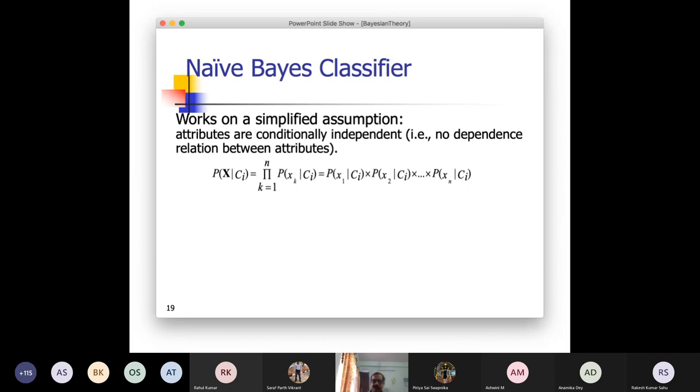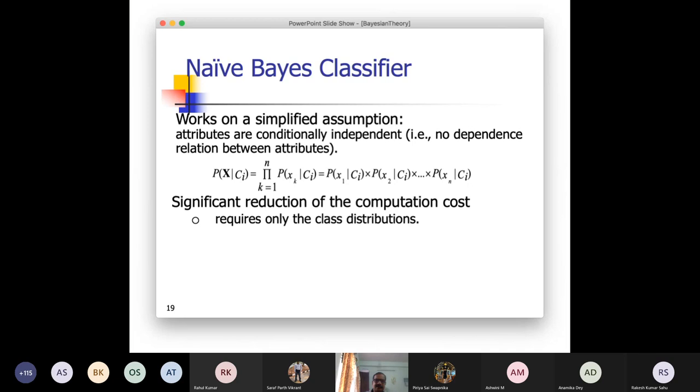You are simply observing the occurrence of that attribute within a class, and then you can estimate these probabilities for different values of those attributes or variables. So it significantly reduces the computational cost, and as you see, requires only the class distributions. It is very convenient to estimate this form, when you have a single random variable given the class distributions.